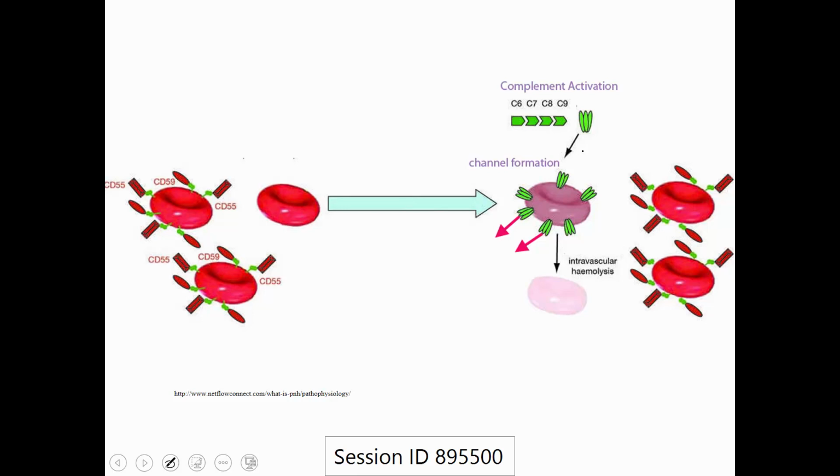So you won't have CD59 and 55 expressed on the outside. And so now complement forms channels, and you get hemoglobin coming out of the cell. Make sense? Okay? So GPI linkage is very important for placing proteins on the outer leaflet of the plasma membrane.